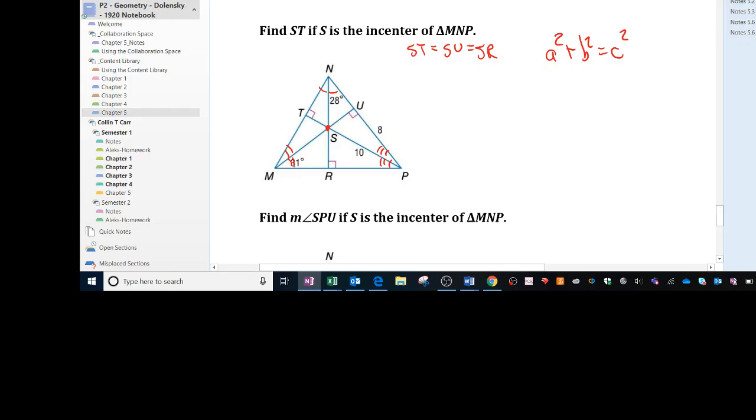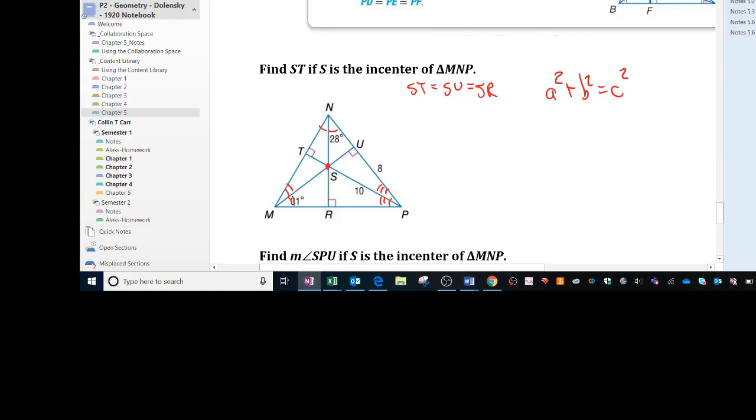What must you have in order to have the Pythagorean theorem? A right triangle. And C squared is my hypotenuse. Hypotenuse. Okay.